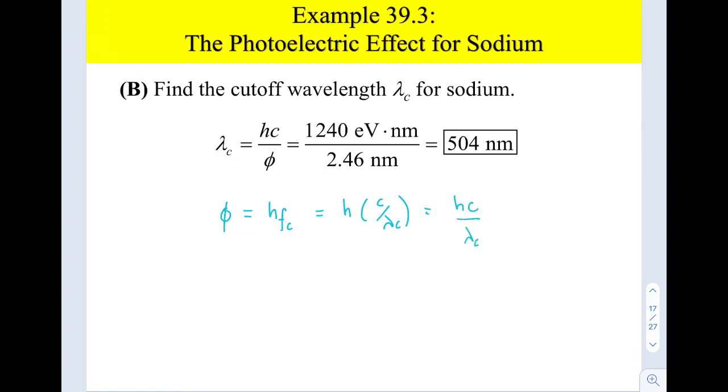So from here we can rewrite this: lambda_c is equivalent to hc over the work function. Then substitute the value. You will get lambda_c equivalent to 504 nanometers.